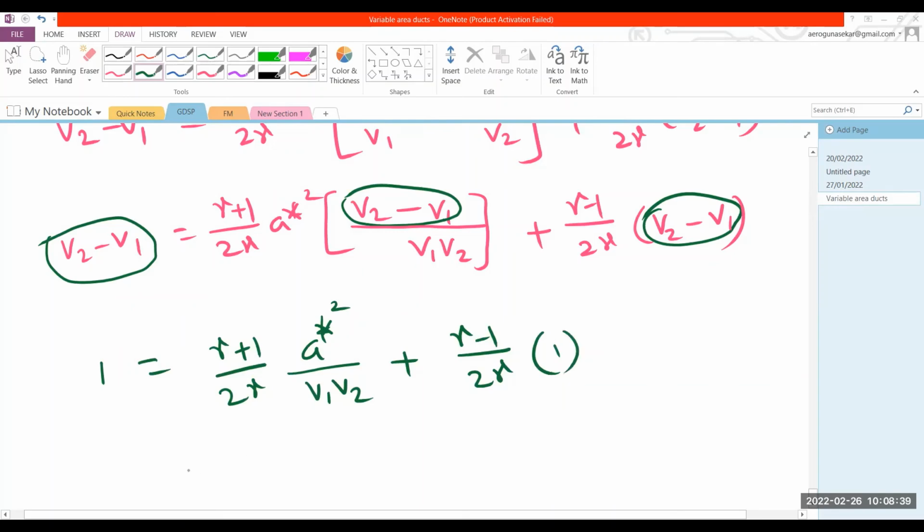Now keeping this term on the left hand side: (gamma plus 1) by 2 gamma into A star square by V1 into V2 equals 1 minus (gamma minus 1) by 2 into gamma.